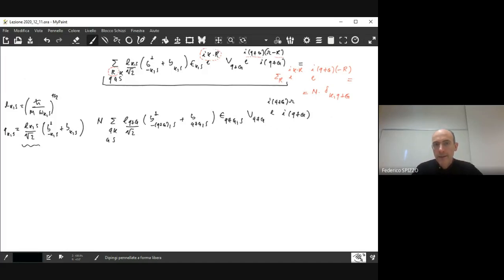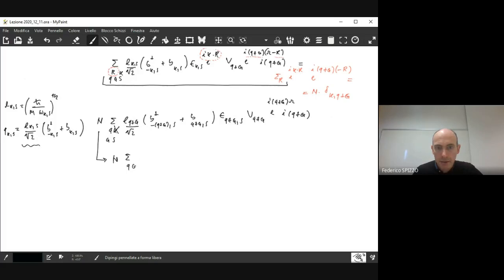Due to the fact that B, L, E are quantities related to phonons, they are periodical in the reciprocal space with the same periodicity of the reciprocal lattice. The K sum disappears, sorry, due to this delta.